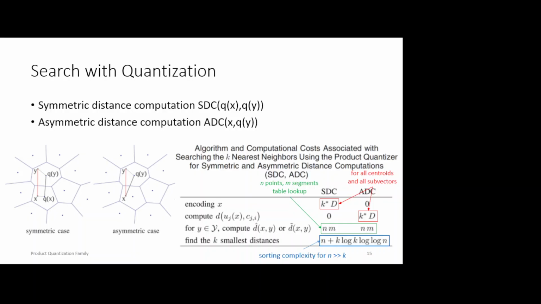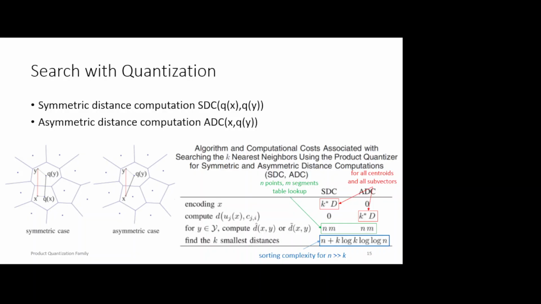After that, if you want to find the k nearest neighbors, you just sort the results, and the complexity will be N plus k log k. It's not N log k, it's smaller. With the traditional sorting algorithm, finding the k nearest neighbors is N log k.